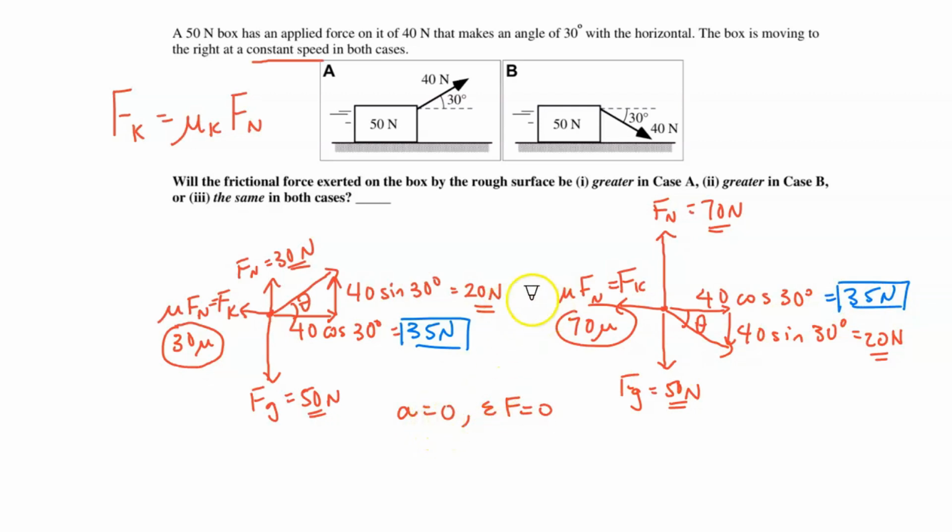So if you analyze this using the vertical forces and use the normal force to calculate the kinetic friction, you would conclude that B has a greater friction than A. However, if you look at it horizontally, considering the constant speed, you would conclude that they have the same friction because they're not accelerating. The net force needs to equal 0. You need to have a friction of 35 to balance out the horizontal component of this force that's being pulled at an angle.